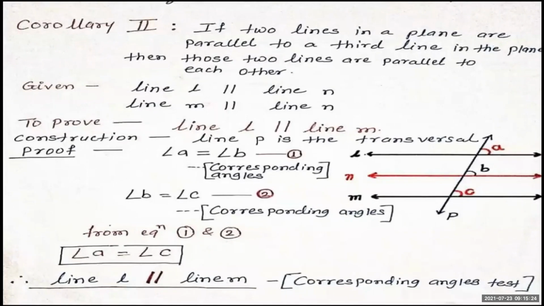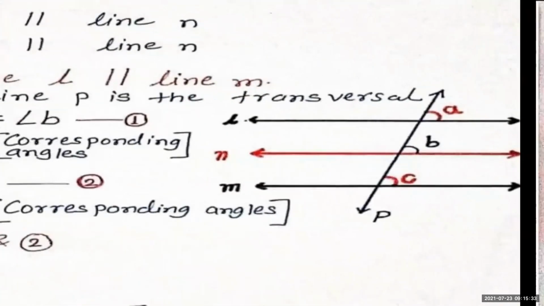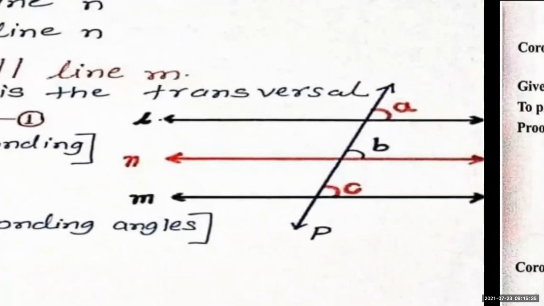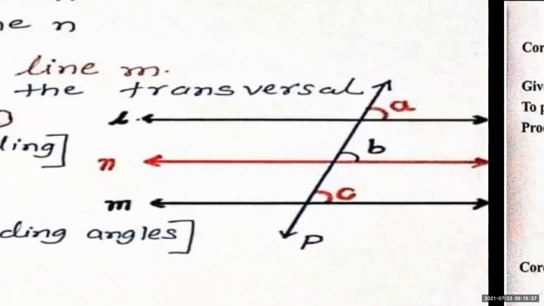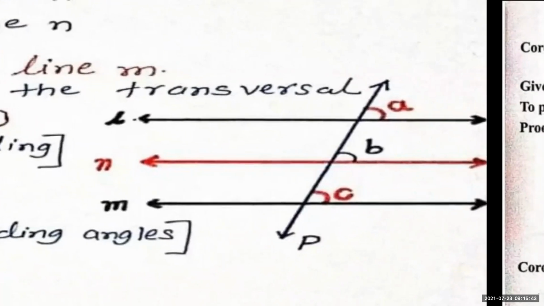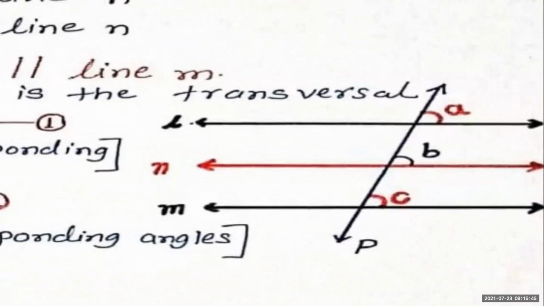Which are the two lines? Here in the diagram, see the two black lines. The first is line L, and the last is line M. These two black lines are the two lines, and they are parallel to the third one.